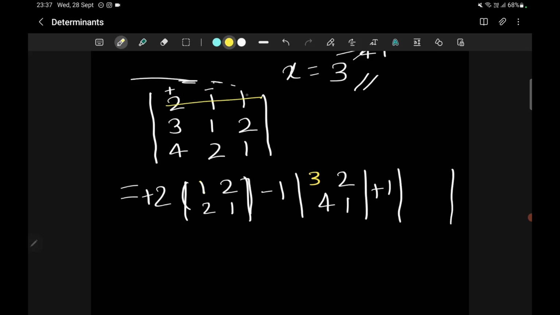Then same, you have to neglect this row and column. Then you have to take this determinant 3, 1, 4, 2.